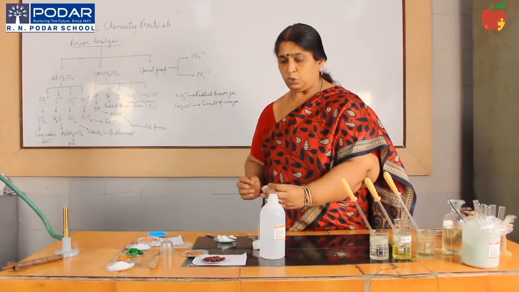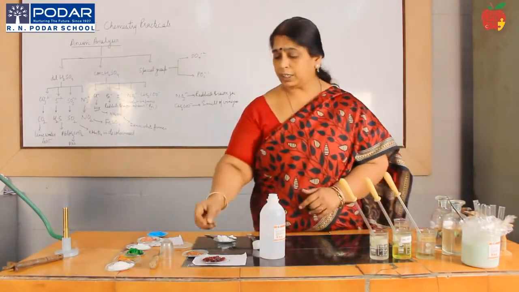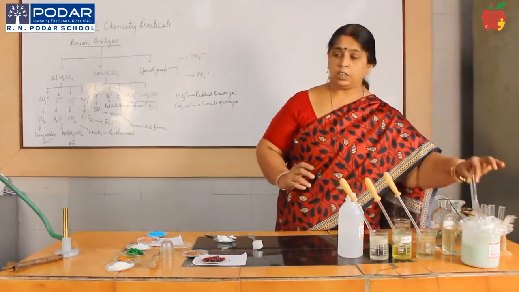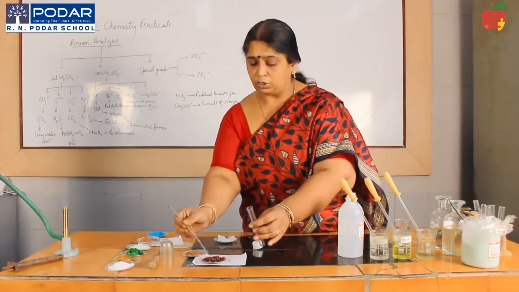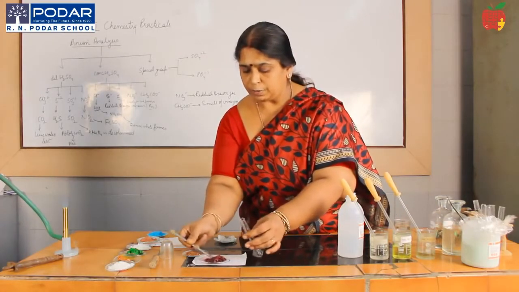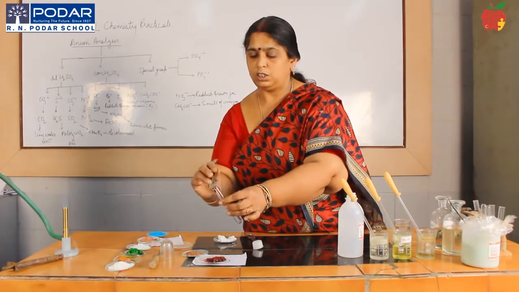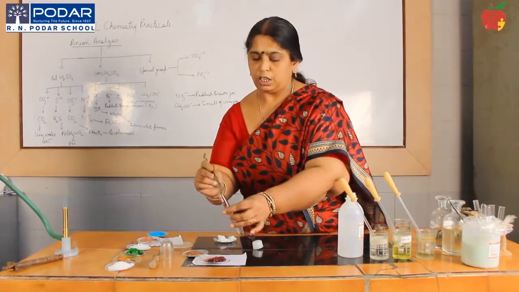Let me now go with an example for the concentrated sulfuric acid group, where let me take a nitrate salt. Okay, so let me take a test tube. We take a nitrate salt. I am just taking cobalt nitrate as the example here.